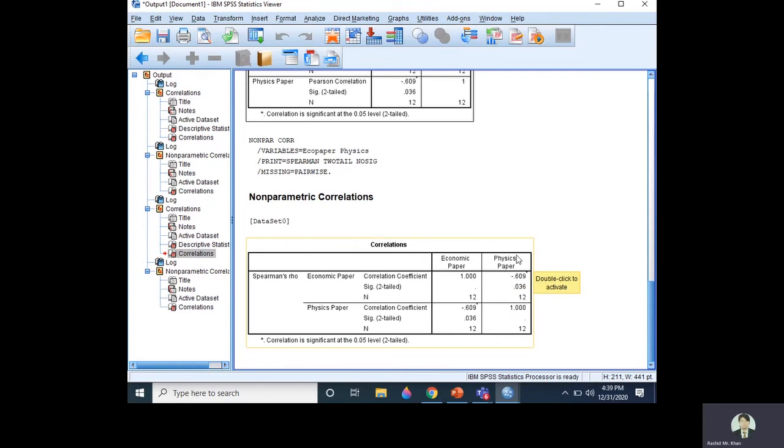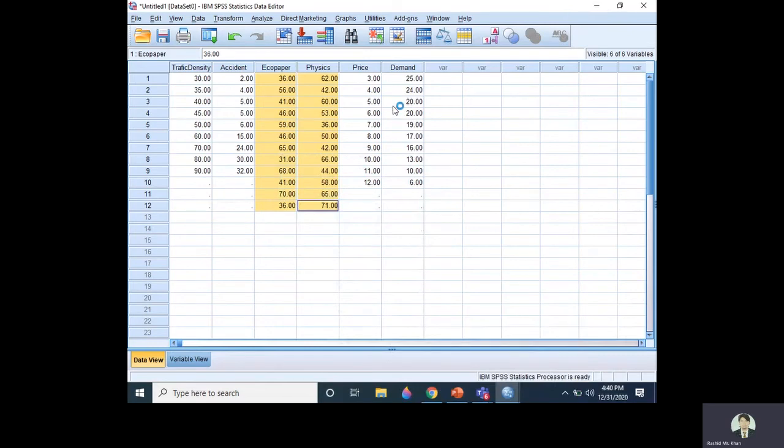That's a moderate relationship in strength, and the relationship is also significant because the p-value, 0.036, is less than 0.05. So there is a moderate correlation between the two variables, and also a significant relationship. Okay, so this was the example of the correlation between the economics and physics paper, and now we check the price and demand. That's another example.